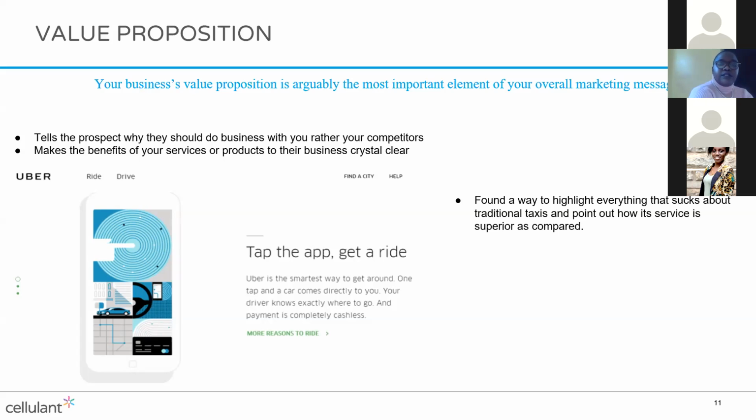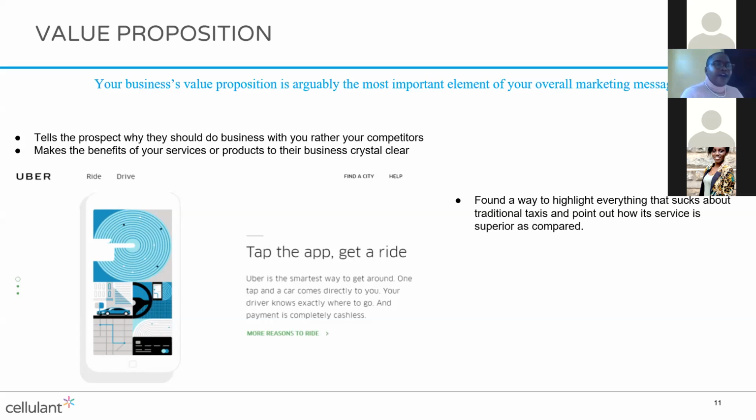Your driver knows exactly where to go. You don't have situations whereby you are stuck on the phone trying to give a driver directions to where you're going, and also trying to get directions from other people and using different types of GPSs and features. Also, a third aspect of that value proposition is the fact that payment is completely cashless.